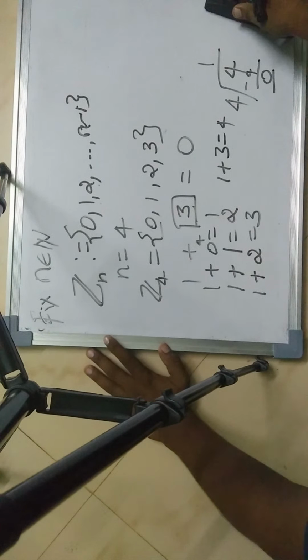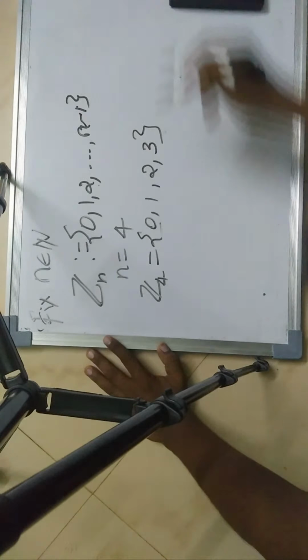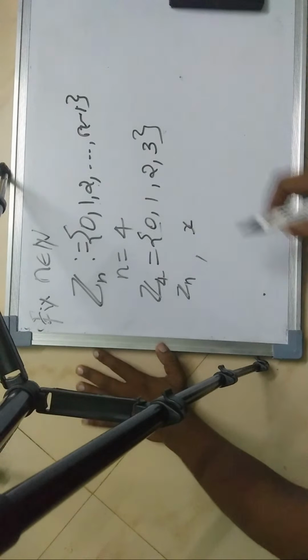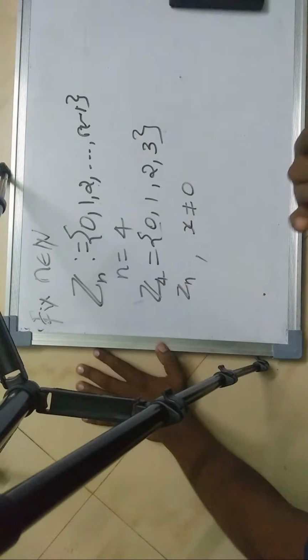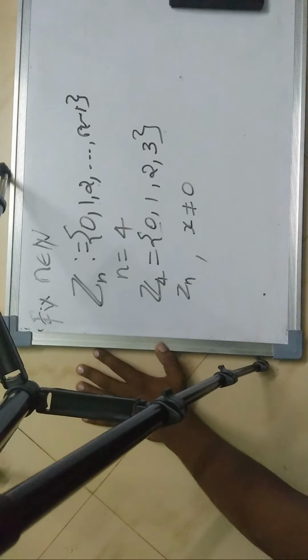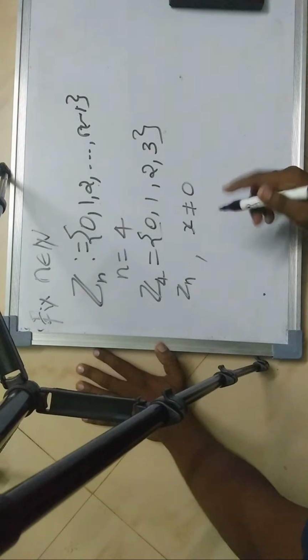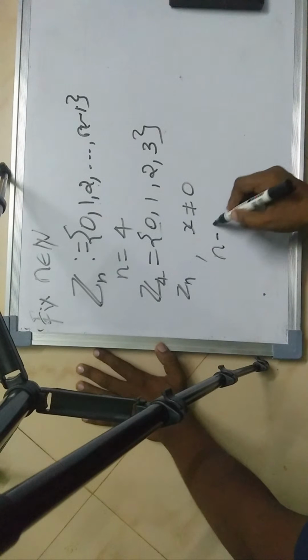So in general, for any n, in Zn, if you consider an element x, for 0, since 0 is the identity element, it is its own inverse. For any non-zero element x, to find the inverse we find n minus x.